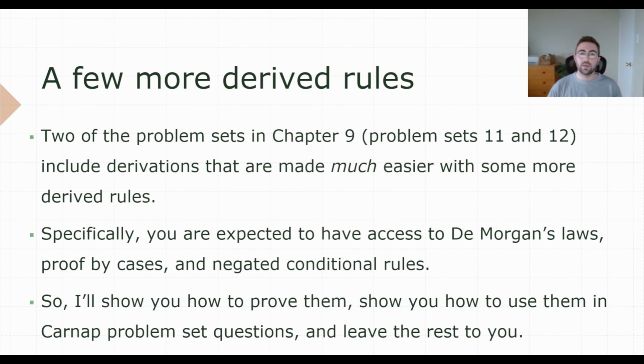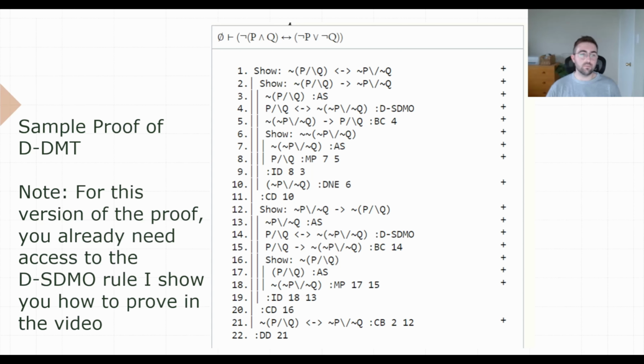All right, so as promised, here is a sample proof of De Morgan's 2, which when you are finished proving it, you'll save as DMT, and then in the future you can use as D-DMT. So take a look at it, pause the video if you need to, understand each of the steps as you put it into your system so you can get access to the derived rule yourself.